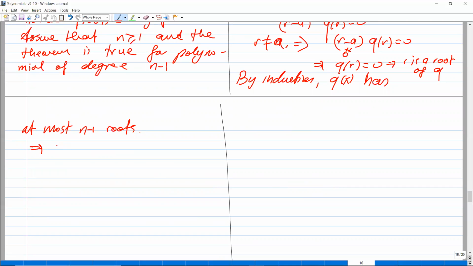So therefore, f of x has at most n roots as claimed. Okay.